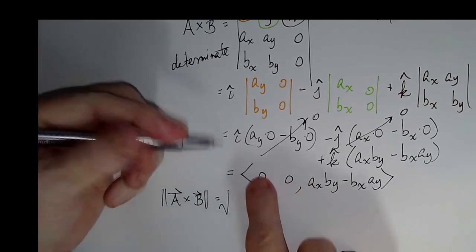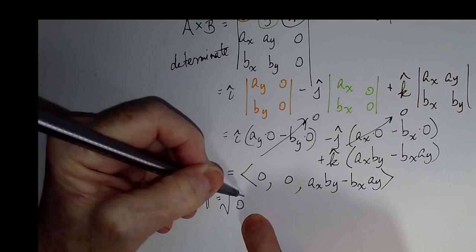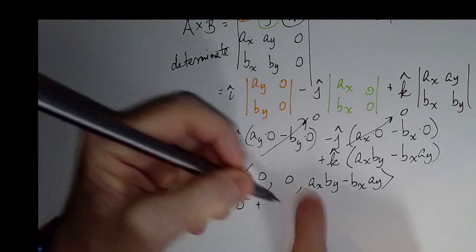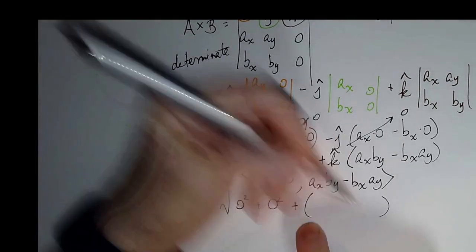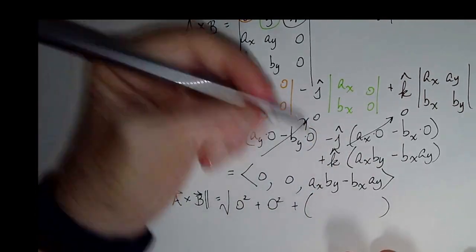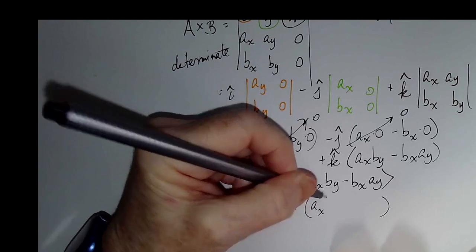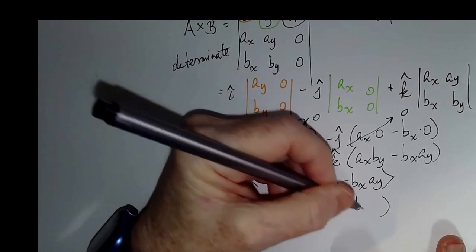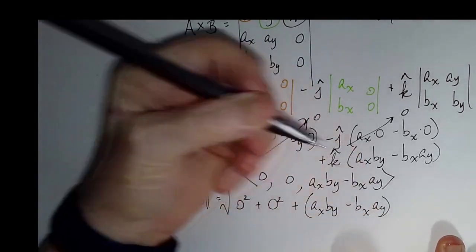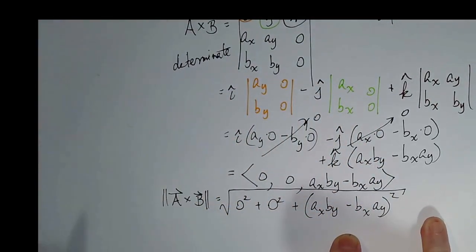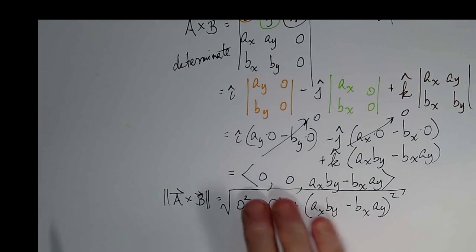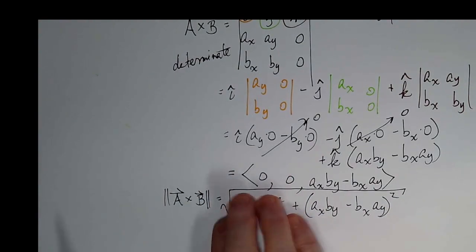Remember that the magnitude is the X component squared plus the Y component squared plus, well, this whole thing is the Z component. So we've got AX BY minus BX AY all squared, and we're taking the square root of everything. And 0 squared plus 0 squared is 0.